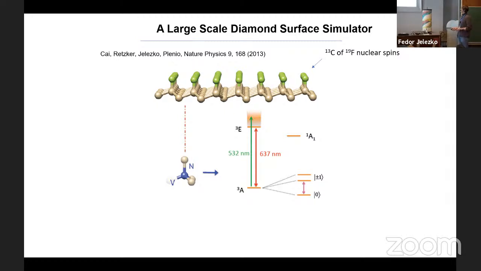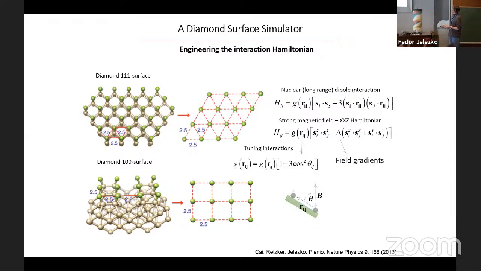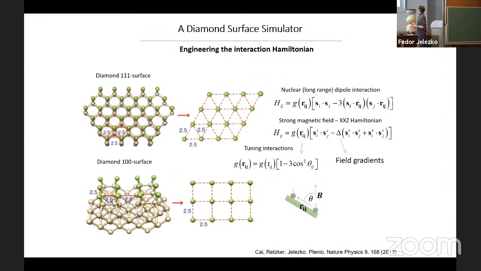And we also looked at how to model unknown Hamiltonians with this. You can take your native Hamiltonian and then tilt the magnetic field. If two spins are tilted by the magic angle, the interaction vanishes. And in order to create some kind of disorder, you need to create field gradients, an inhomogeneous field.